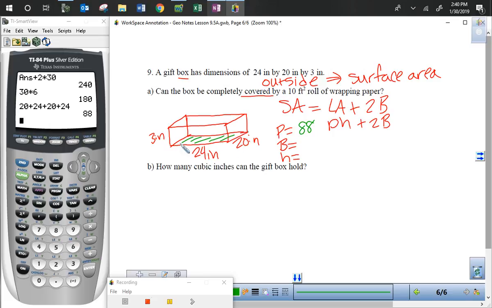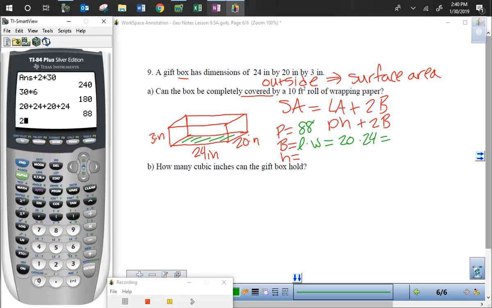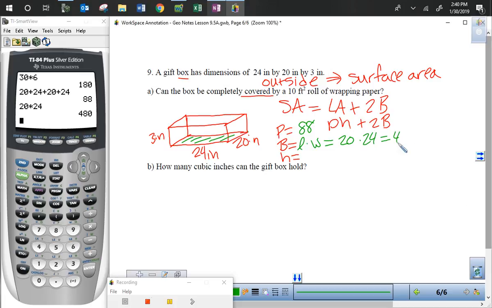The area of that base is length times width, so 20 times 24, 480, and then the height is 3. Go ahead and put that all together to find the surface area. Pause the video and take care of that for me.